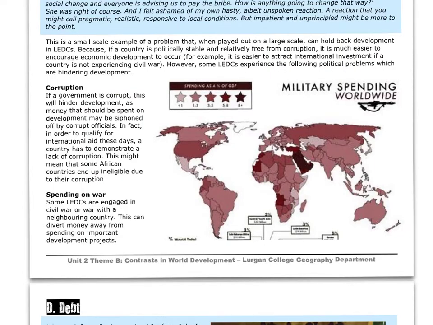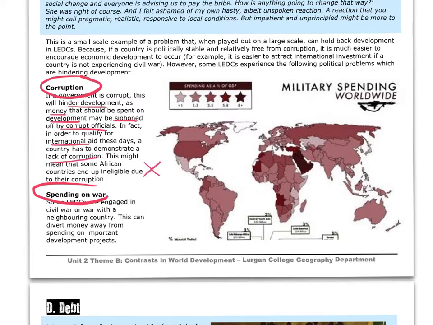And the third factor that we're covering here is the political factors. Two of them here: corruption and spending on war. If the government is corrupt, it's going to hinder development. Money that should be spent on development is siphoned off or taken away by corrupt officials. In fact, these days, to qualify for international aid, a country has to demonstrate a certain degree of a lack of corruption.